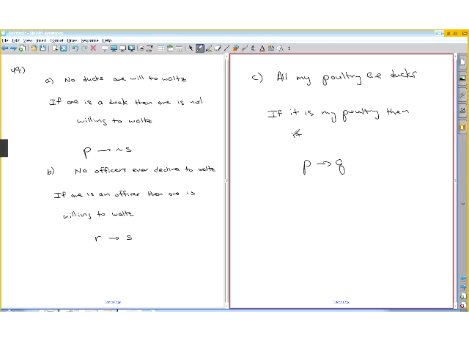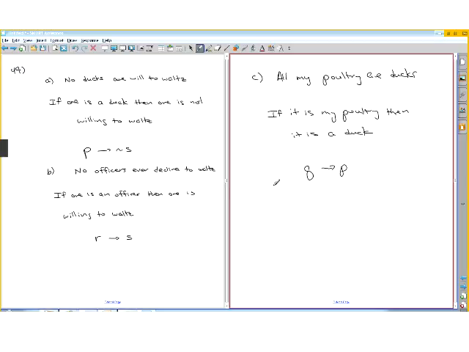So it's actually the other way around. If Q, then P. And remember, if you switch those two, it's called the converse. So I did the converse. I said if it is a duck, then it is poultry. But in this case, it's my poultry, so I have to say if it is my poultry, then it is a duck. It seems like it's saying the same thing, but it's not exactly the same.